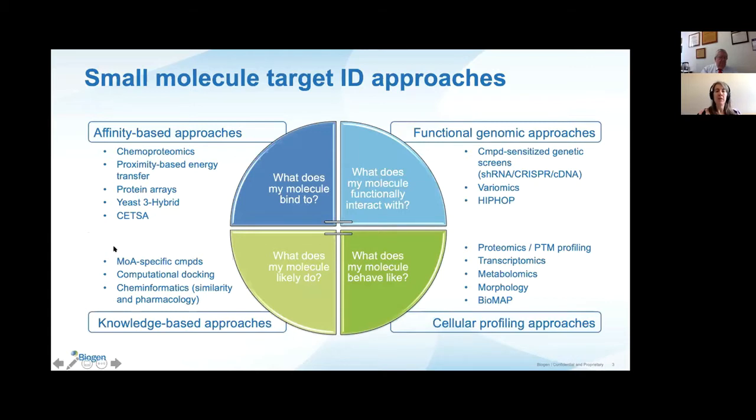We use a lot of knowledge-based approaches and cellular profiling approaches. But what I'm going to talk about today is the CRISPR approach, which has one big advantage: you don't have to do anything to your molecule. You can use exactly the molecule as you found it from your phenotypic screen, and you don't necessarily have to have a super potent molecule as long as you can see your phenotype.